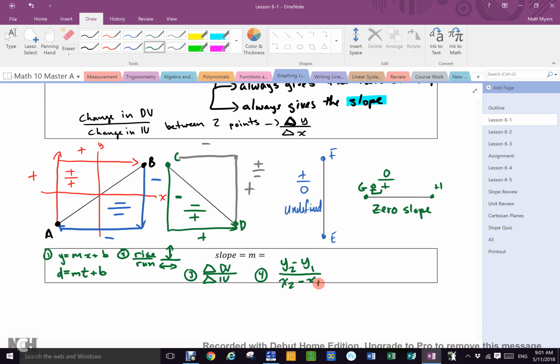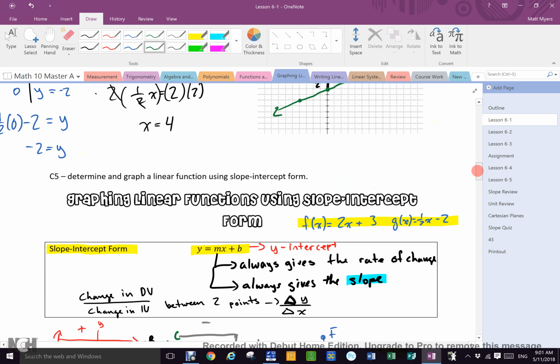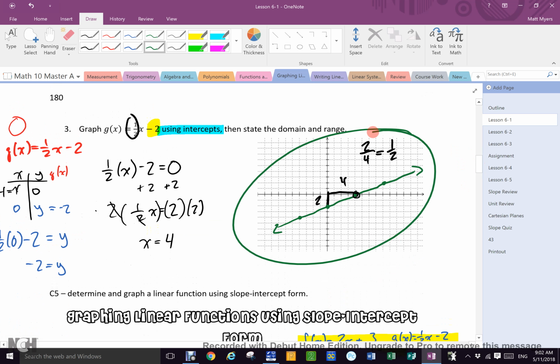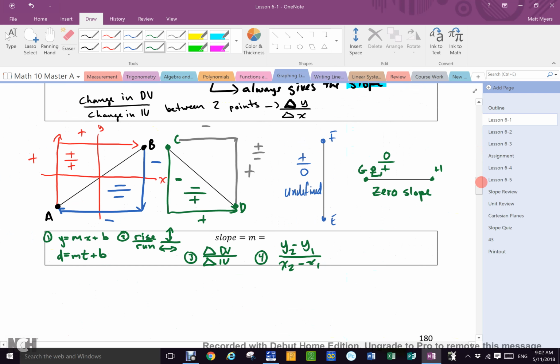Now, where could I find x and y values to put in here? Where do x and y values live? On a graph, don't they? Everybody with me? Let's make sure.